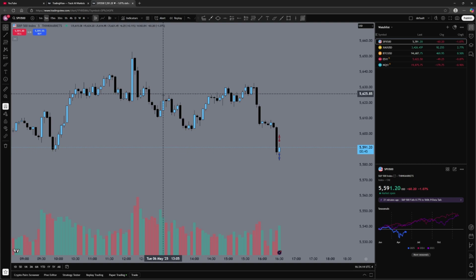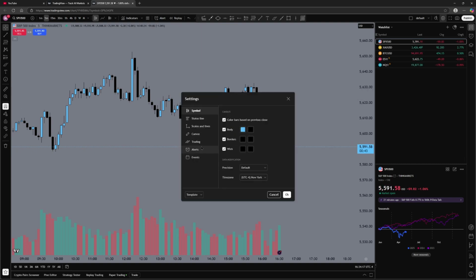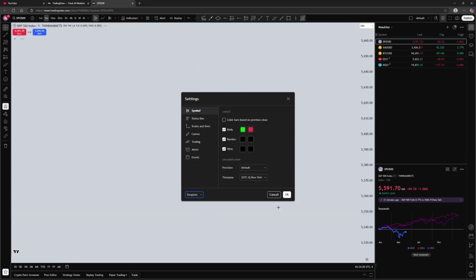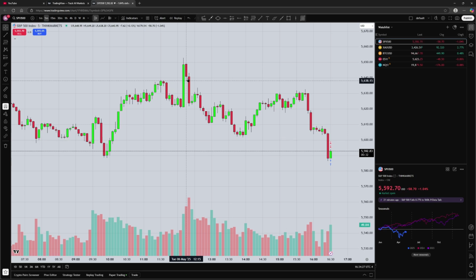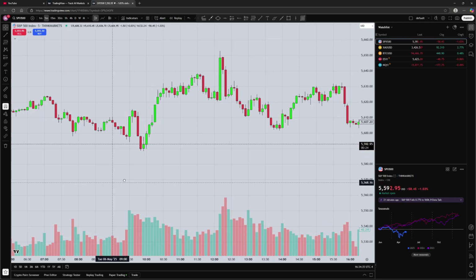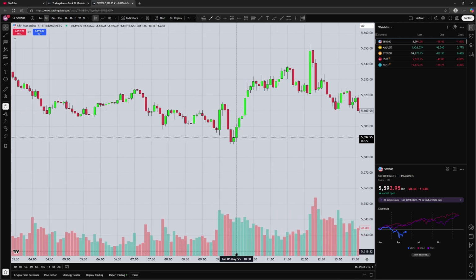So this helps you out reading the chart. I'll go over it like this, just so you can look. Red candle, green candle. That's the volume. So you want to trade during high volume times.